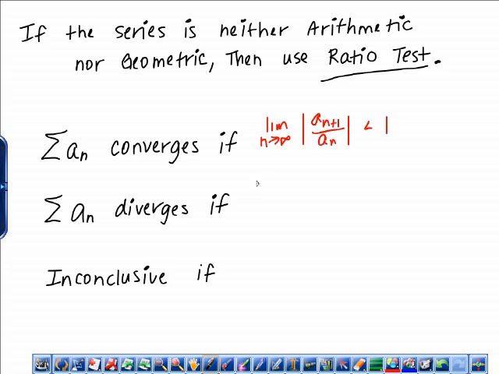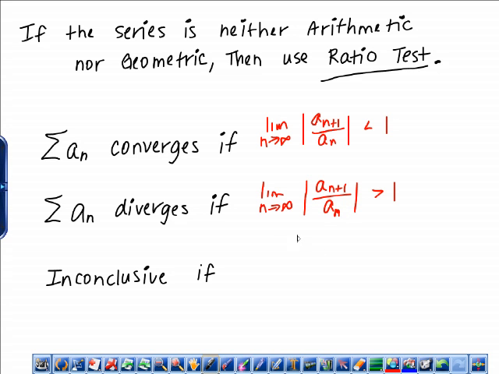All right, so diverge is going to be quite the opposite. This sum will not exist, or this will diverge, if the limit as n approaches infinity of the absolute value of a sub n plus 1 over a sub n is greater than 1, meaning that your terms are basically getting larger as you go out to infinity. Okay, and that should make sense.